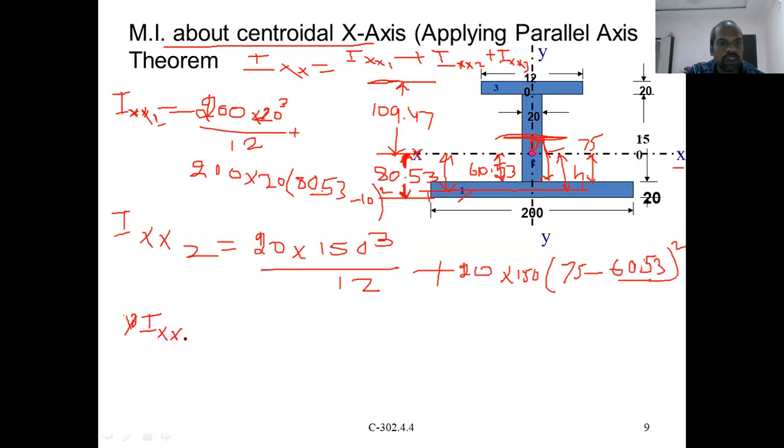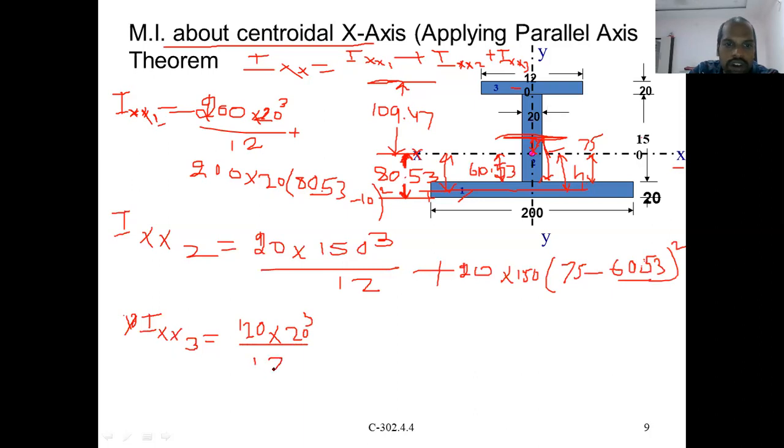of figure 3, sorry, is equal to, again use the parallel axis theorem, because this central axis is very far away. What is the parallel axis theorem? The moment of inertia of the section about its centroidal axis is nothing but BD cube by 12.